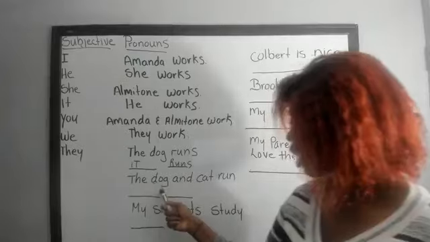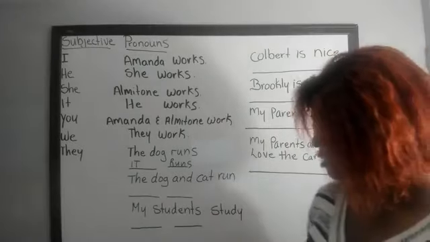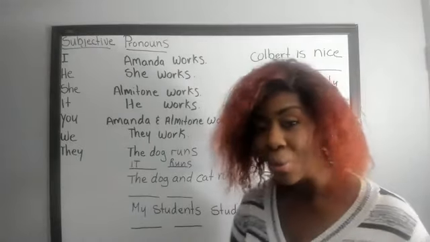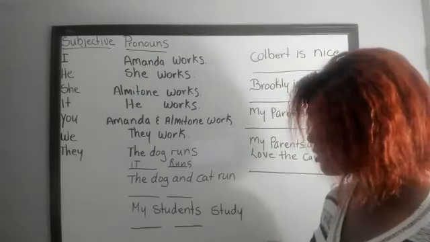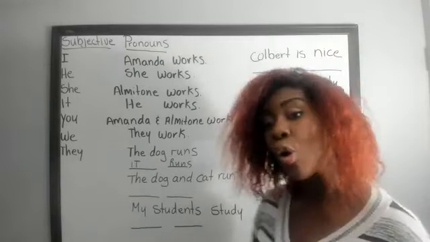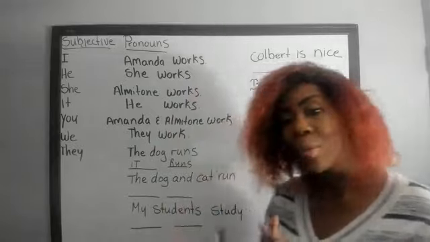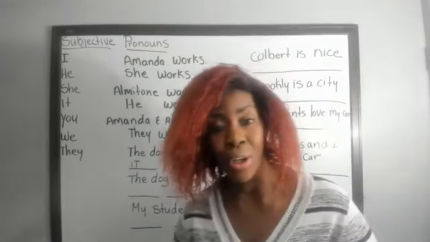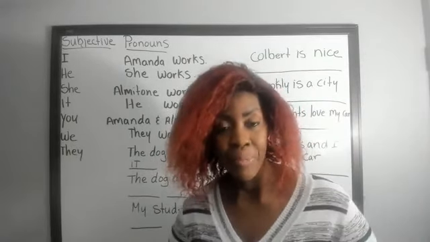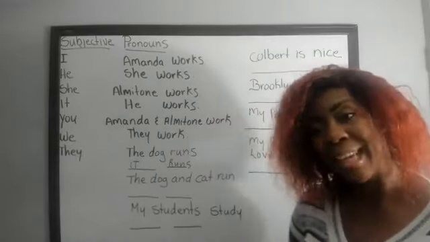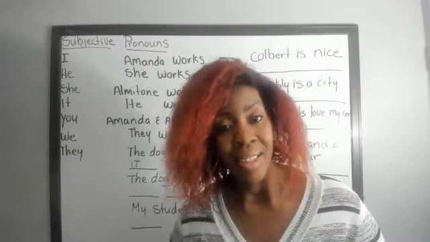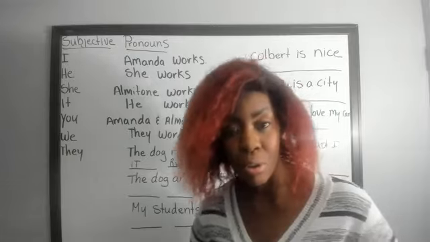Next, the dog and cat run. Right here, you will notice I didn't add an S. Although I said when we're talking about third person singular, you need to add an S, keep in mind, anything more than one is not singular, it's plural.